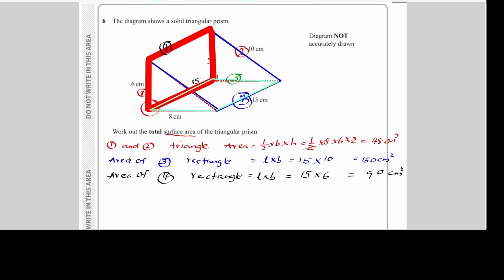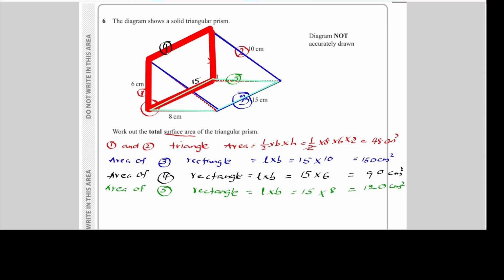Therefore, let's get the area of the fifth face. Again, length into breadth, where length is 15. Breadth is 8. So 8 times 4, 40. 4 remaining, it is 8 times 1, 8. 8 plus 4, 12. 120 squared centimeter.